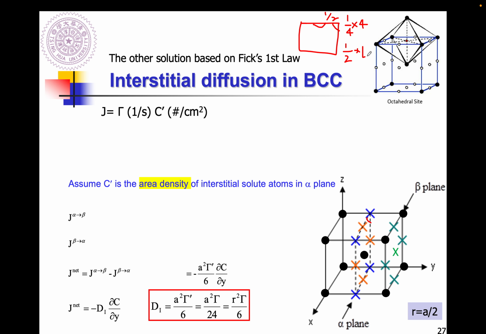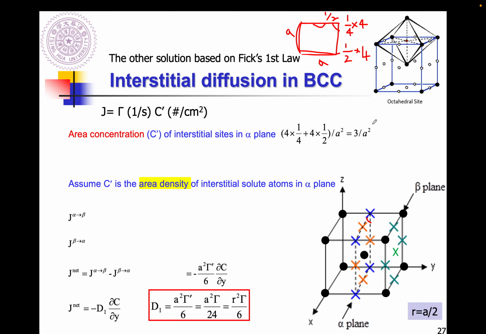So for the area density, you get 1 plus 2, so you got 3, right? So 1 plus 2 equals 3, and this is over A times A. So the area density is 3 atoms divided by A squared. So this is the C prime.